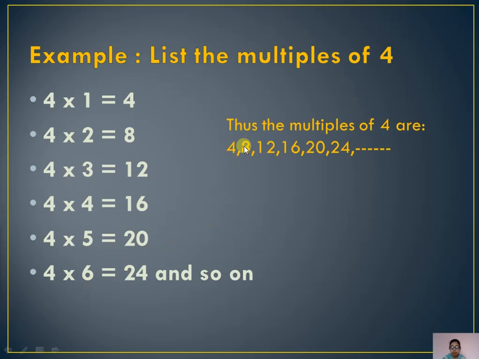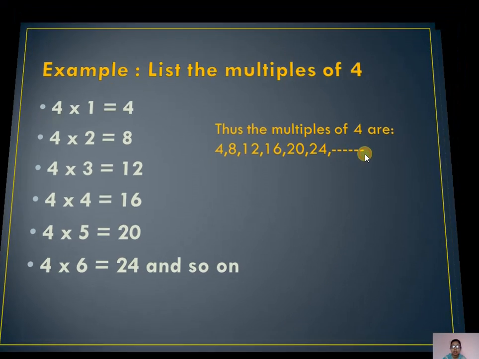So, thus the multiples of 4 are 4, 8, 12, 16, 20, 24 and so on.